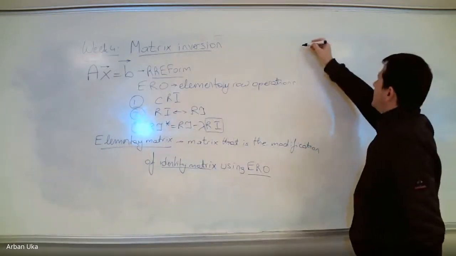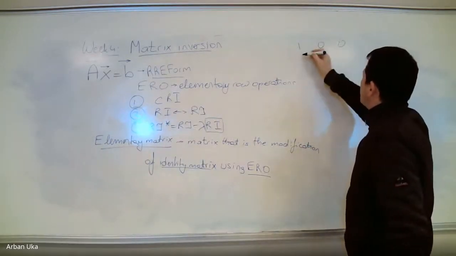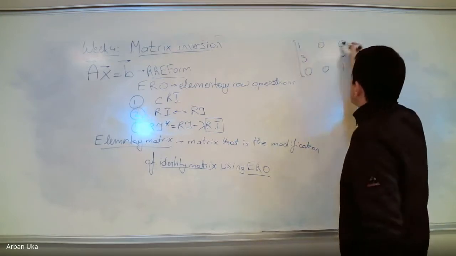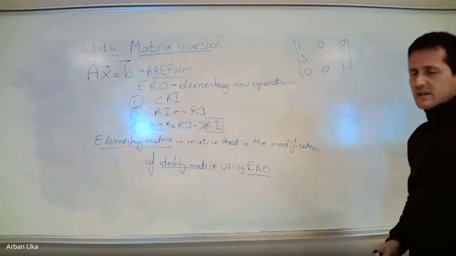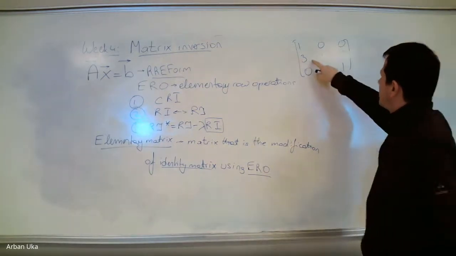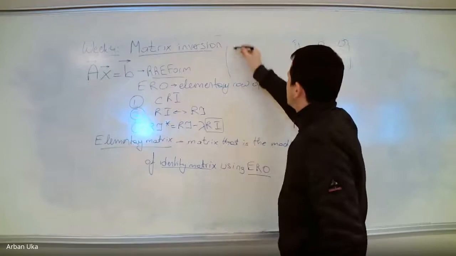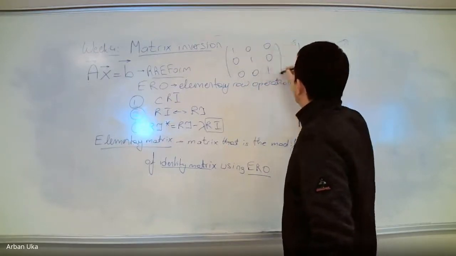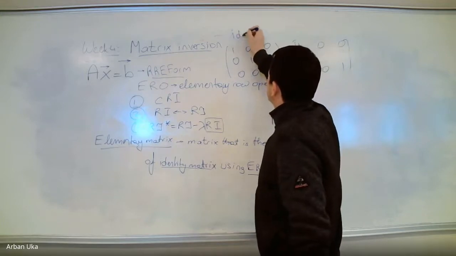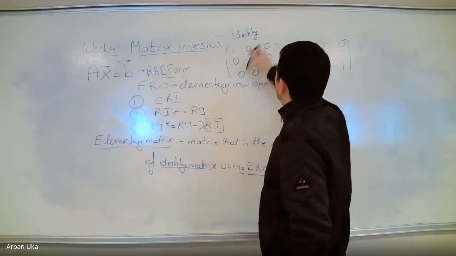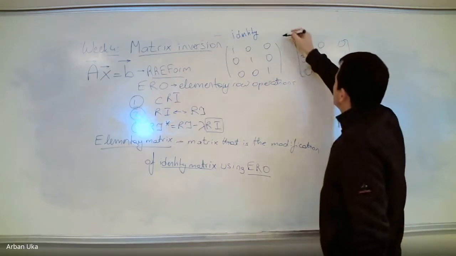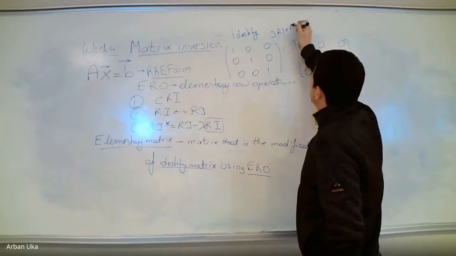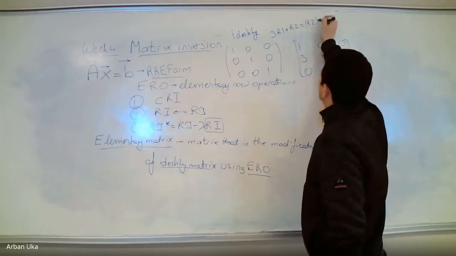For example, we have a matrix here: 1, 0, 0, 3, 1, 0, and 0, 0, 1. This is an elementary matrix because we can obtain it from an identity matrix. So this is the identity, and we can obtain this one by doing this operation: 3 row 1 plus row 2 is equal to row 2 star.